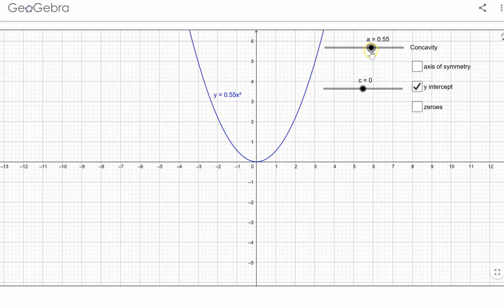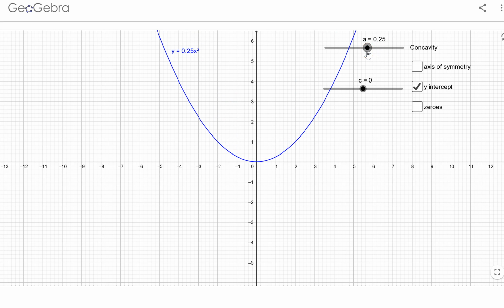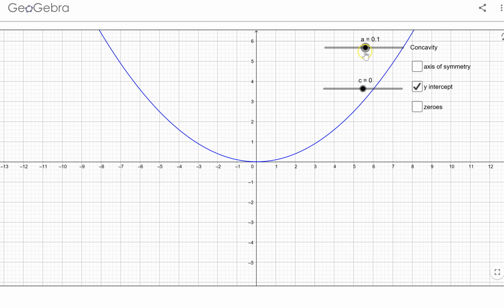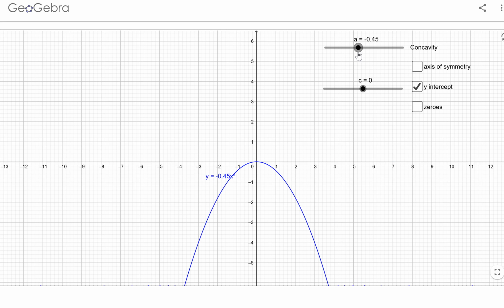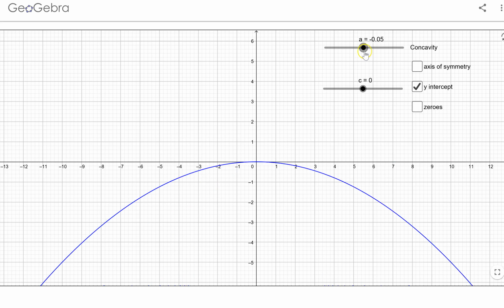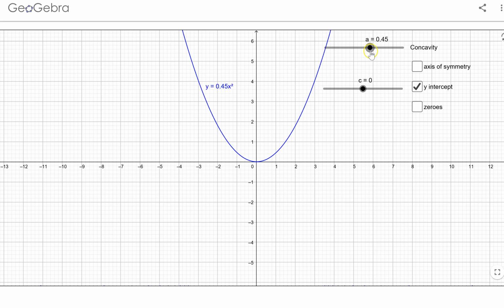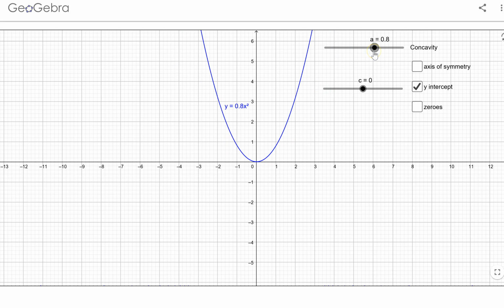And when I take it down through here, the parabola opens out once it gets less than 1. When it equals 0, it's not a parabola anymore, it's just a straight line. And when it becomes negative, the concavity has changed. If I switch this back to somewhere near 1, so it's y equals 1.1 x squared, there we go.